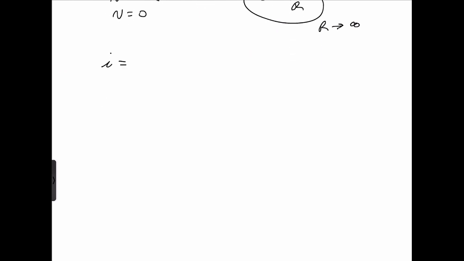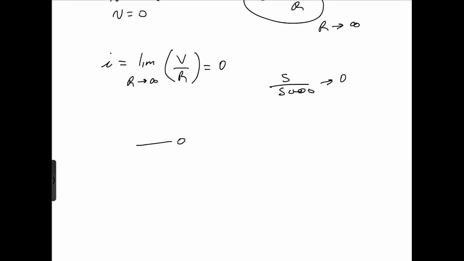So when R goes to infinity, if we take the limit of R going to infinity, V over R, then I, becomes 0. So if we divide a number by a really large number, this approaches 0. So basically, if the current is 0, then we have an open circuit, which is that of the switch.